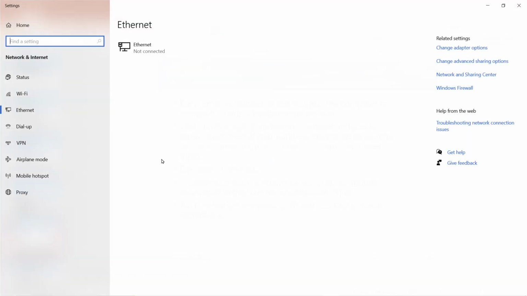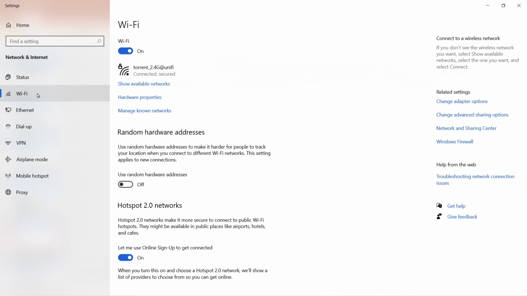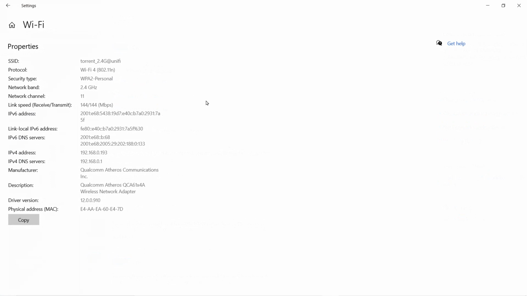Let's take a look at an example of the IP address. This computer is connected to the internet, and every computer that is connected to the internet is assigned an IP address.